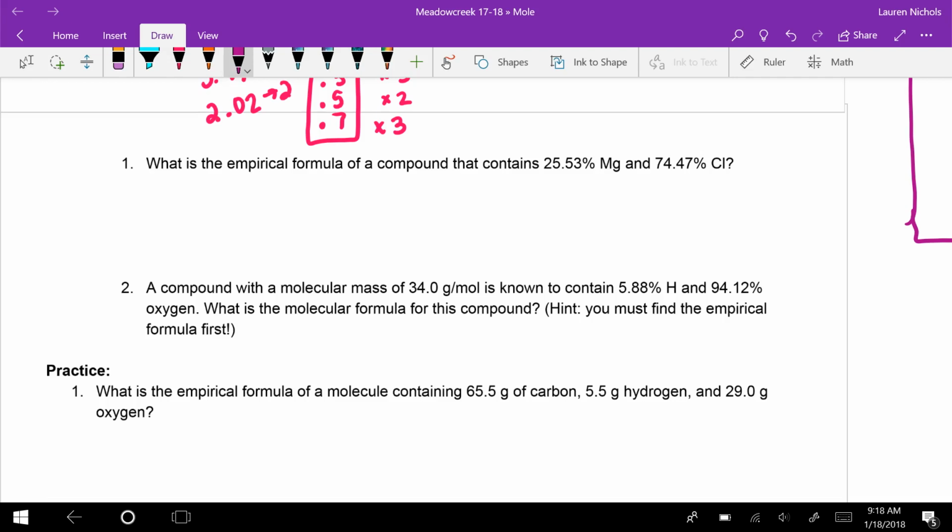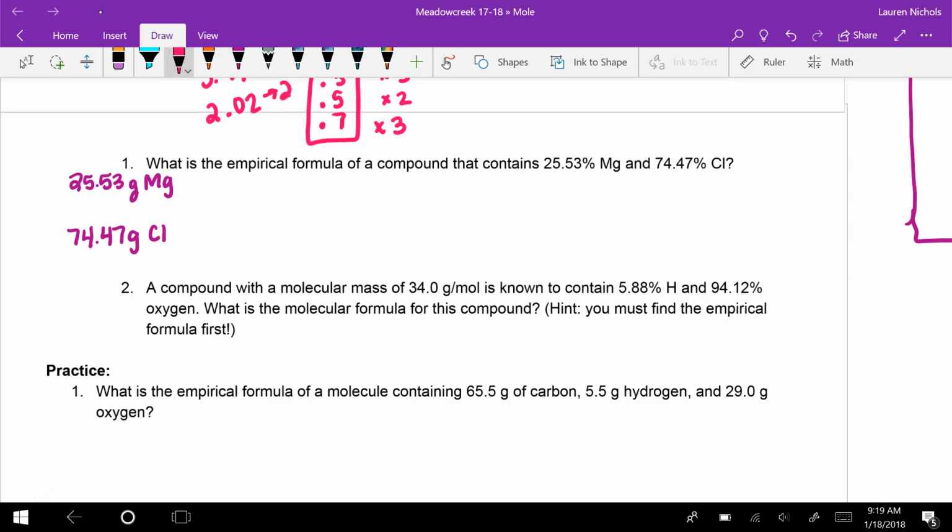So we're going to change 25.53% into 25.53 grams of magnesium, and we're going to change 74.47% into 74.47 grams of chlorine. And so that's step number 1.